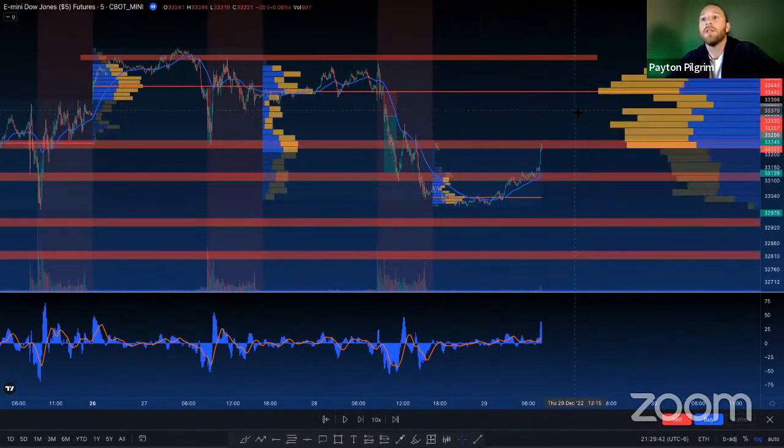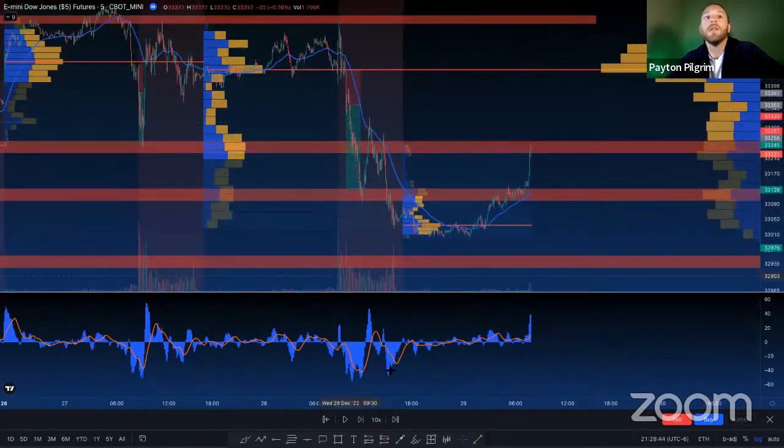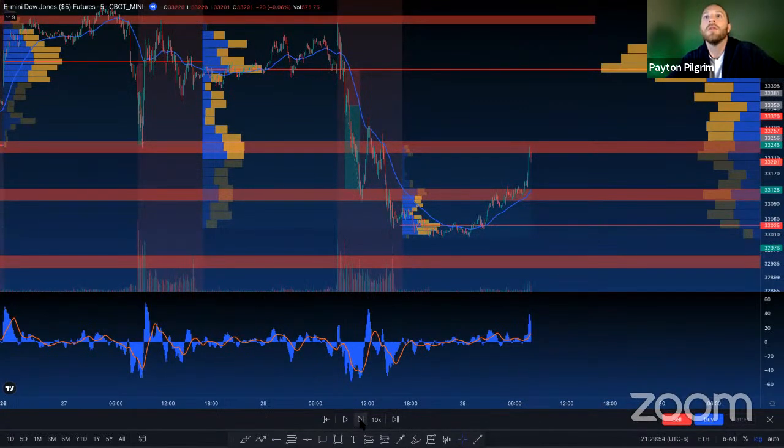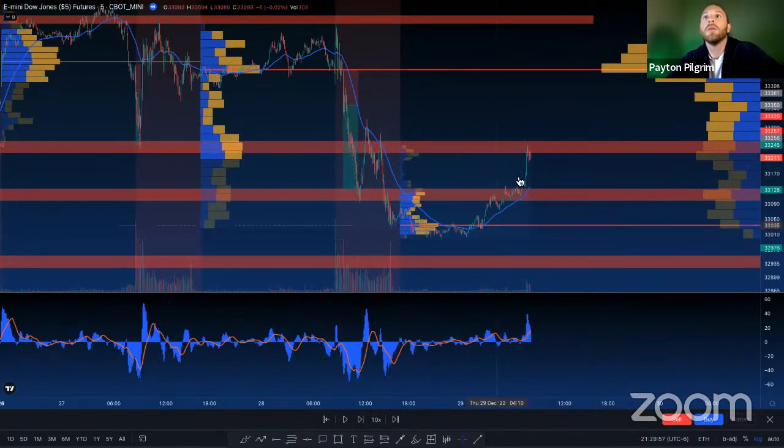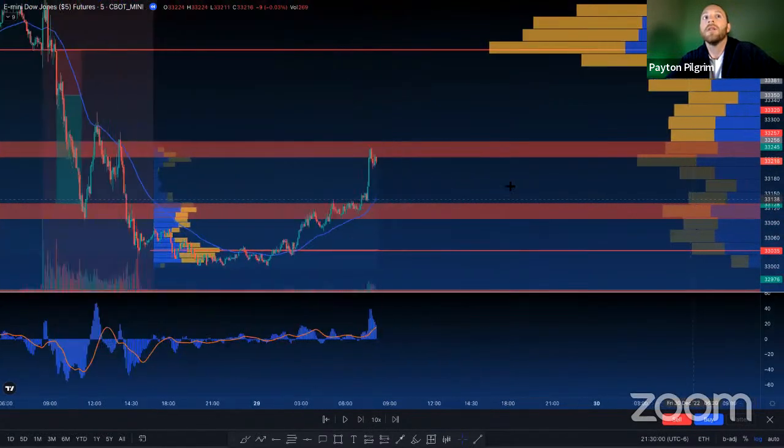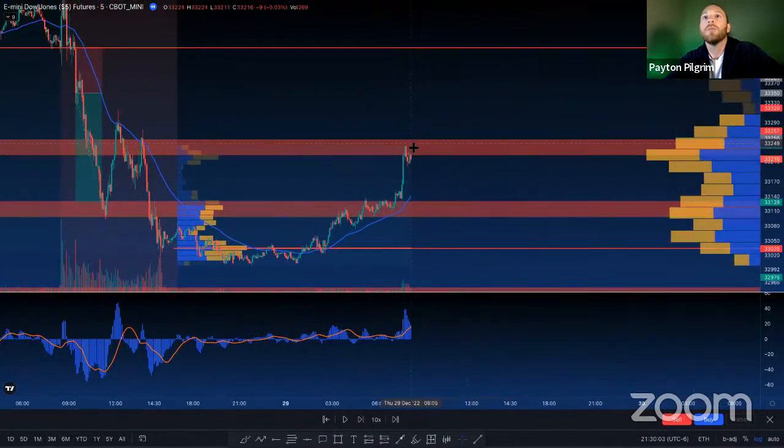A little bit of subjectivity there. And then we have today's point of control as well, which is not really in an interesting spot. I wish it was at a better zone. We'll see if it moves. And we're willing to buy off of a breakout of this high with volume.